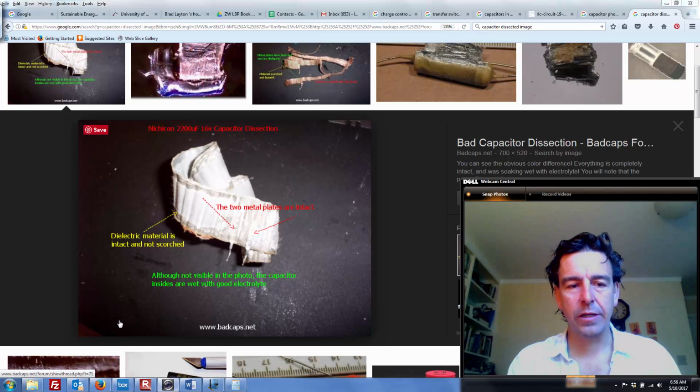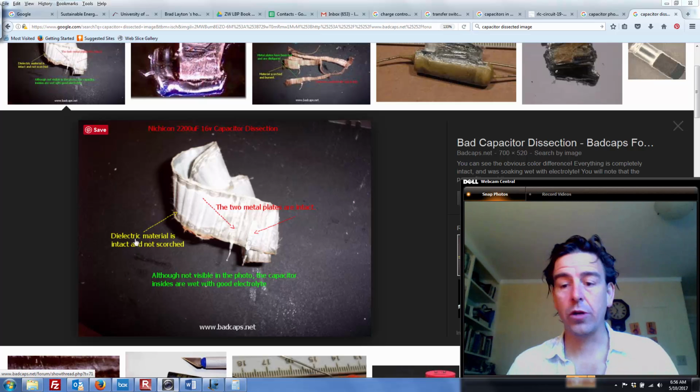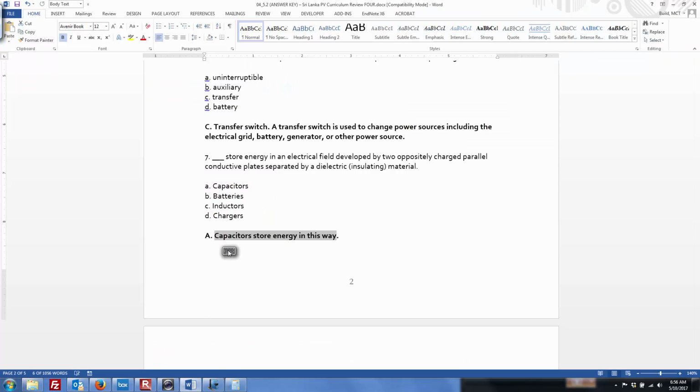So there's always a dielectric material where no electricity can pass, but all of the electrons are stored on the two plates that are separated. Okay, so that's the answer to this guy. The other thing to keep in mind is that capacitors can charge very quickly, whereas batteries take a longer time.